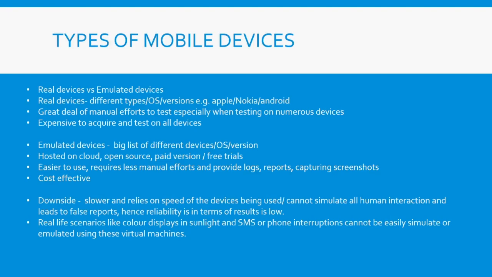And apart from getting all those physical devices, they need to start looking at mobile browsers as well, and different versions. I think there are over 24,000 different versions, or 2,000 different versions, of Android devices and all that.